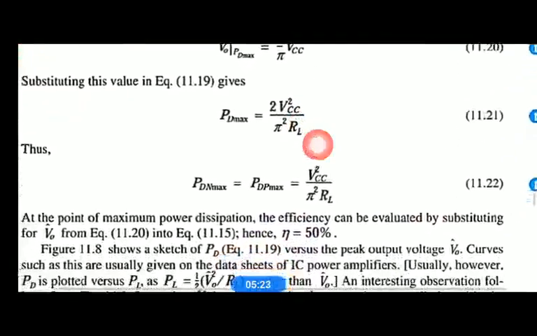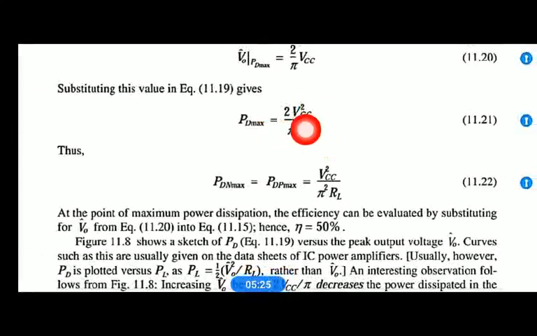Here is the maximum power dissipation for both the transistors. Each transistor, Q1 and transistor QP, has the same part in power dissipation. Therefore the maximum power dissipation for transistors QN and QP, PDN max and PDP max, is equal.